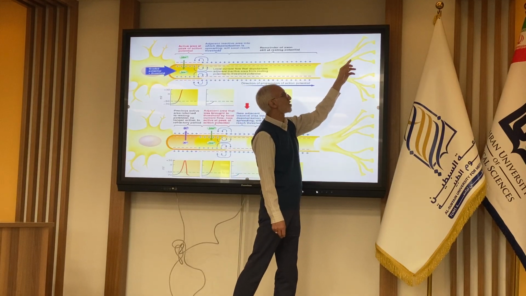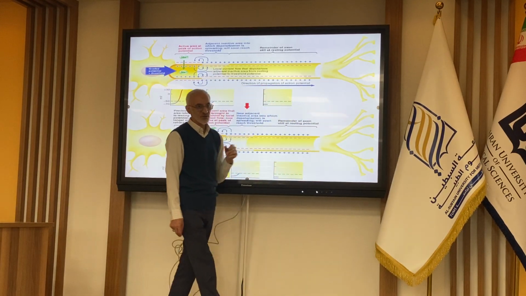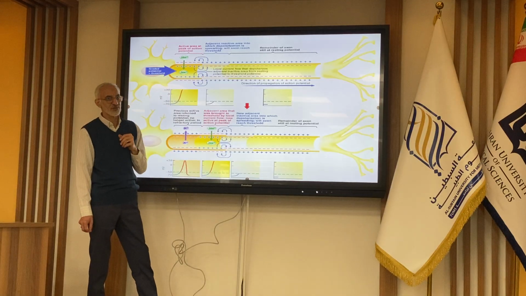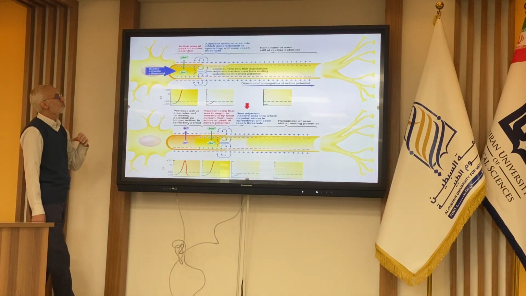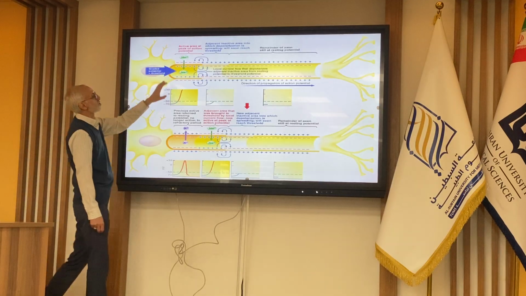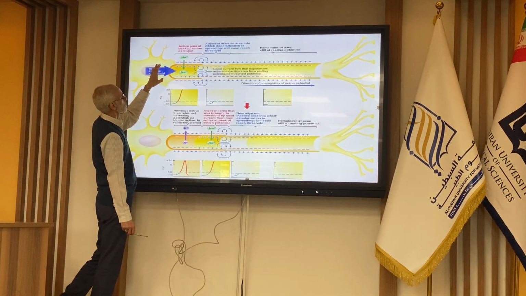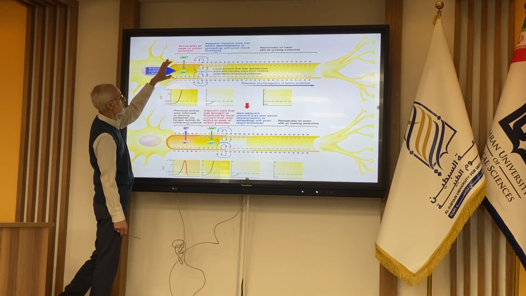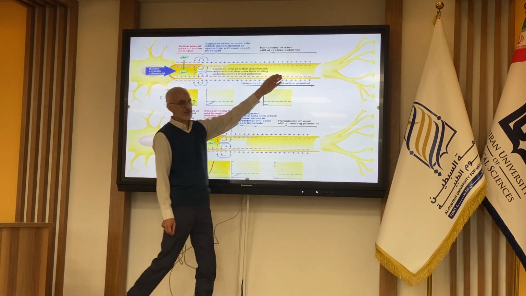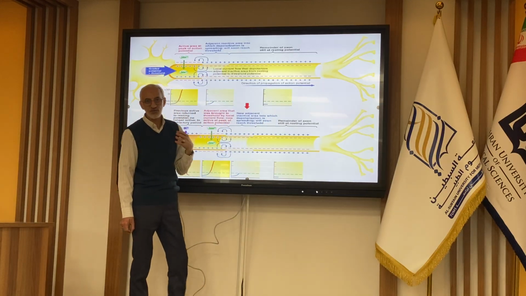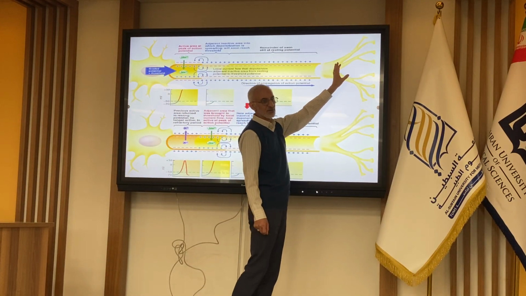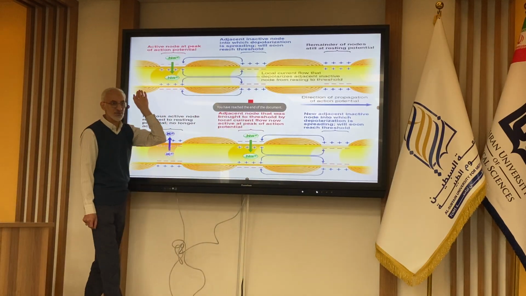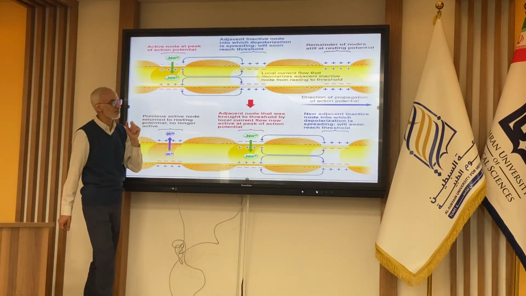Here, the conduction is decremental conduction by local potential. In motor neurons, the action potential is produced at the beginning of the axon, going to the end. In sensory neurons, the action potential is produced at the end, going to the center, in the reverse direction.